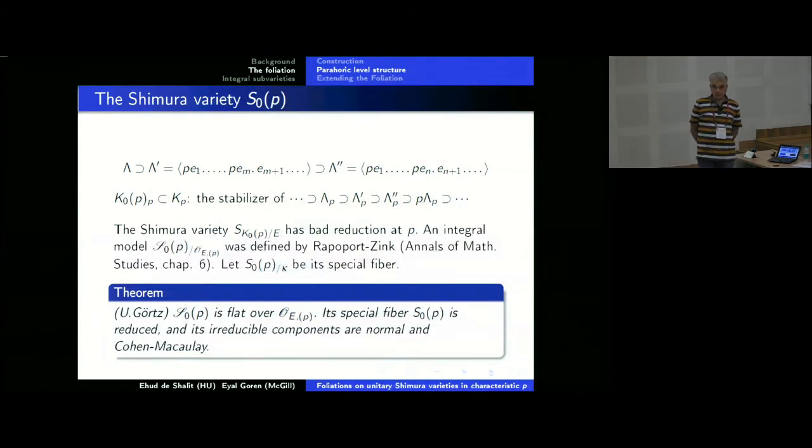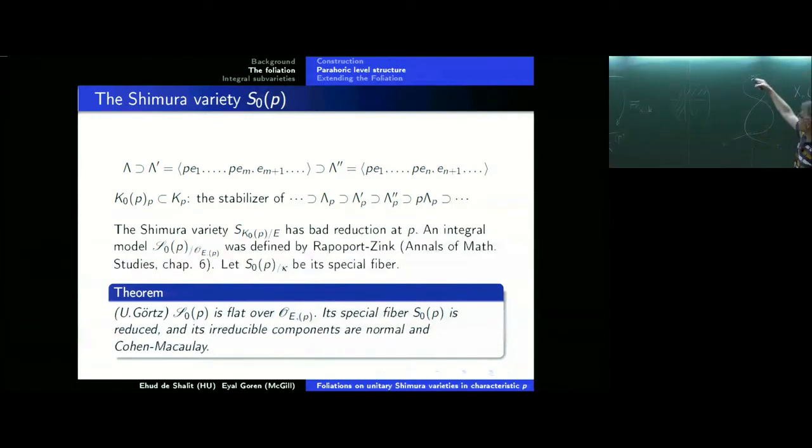First of all, the integral model is flat, okay? And the special fiber is reduced, and each irreducible component is normal and Cohen-Macaulay. Well, this is as close as we can get in this setup to being non-singular. It need not be non-singular as it is here, of course. Here you see there are singularities, but each irreducible component in itself is just a smooth P1, right? Well, at least if you have some rigidifying tame level structure.